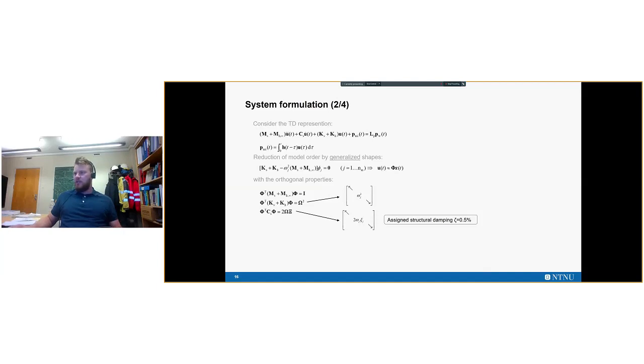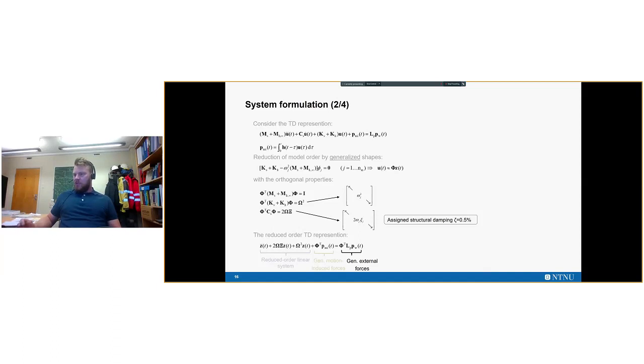It's similar to obtaining the natural frequencies and damping of quite ordinary structures without the fluid interaction. And here we have assigned a structural damping of 0.5%.